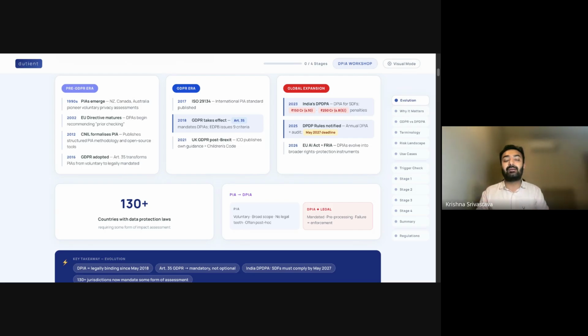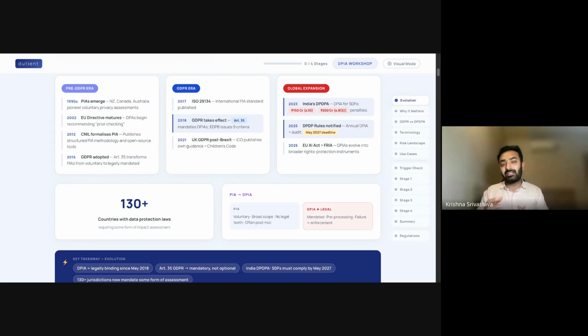Now, DPIA is something that you need to do before you conduct or enable a processing activity. But in today's world, we typically notice that most countries or most departments process personal data and DPIA is conducted after the processing is already done.